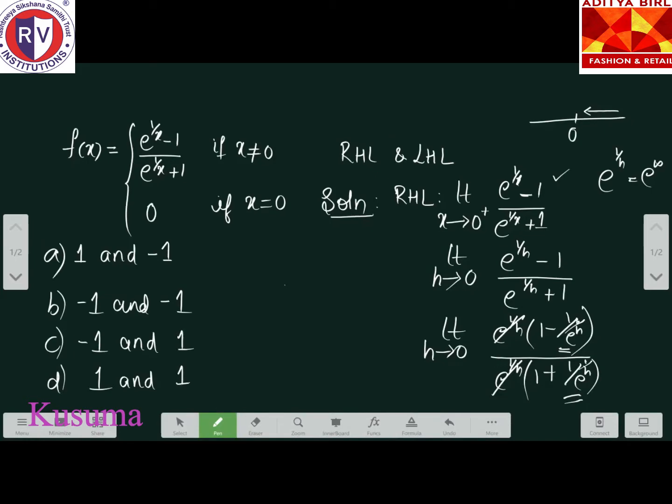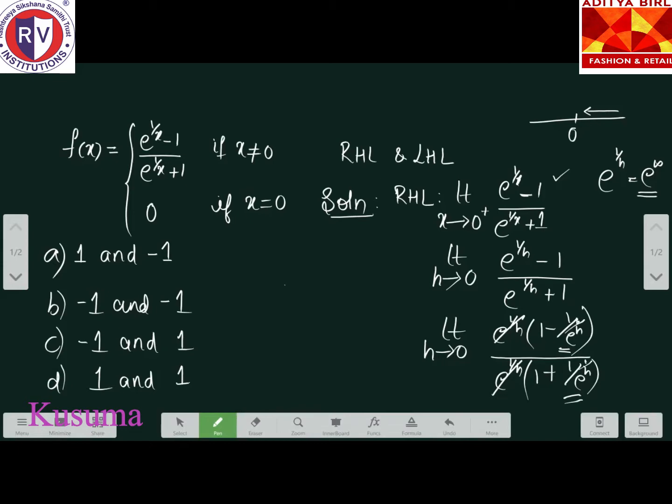Yes, ma'am. See here, we have e to the power of 1 by h, not e to the power of minus 1 by h. I told you e to the power of 1 by h. When we substitute h is equal to 0, we get e to the power of infinity. And the value of e to the power of infinity is infinity. But e to the power of minus infinity will be equal to 0.